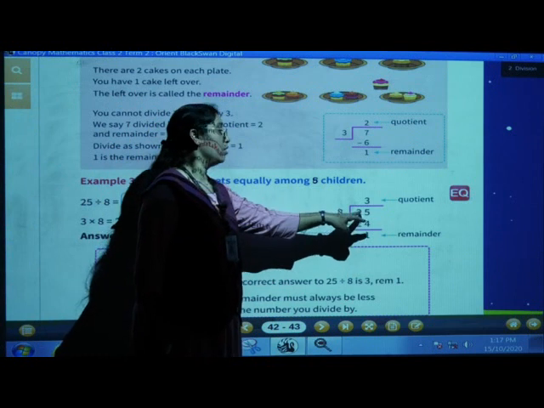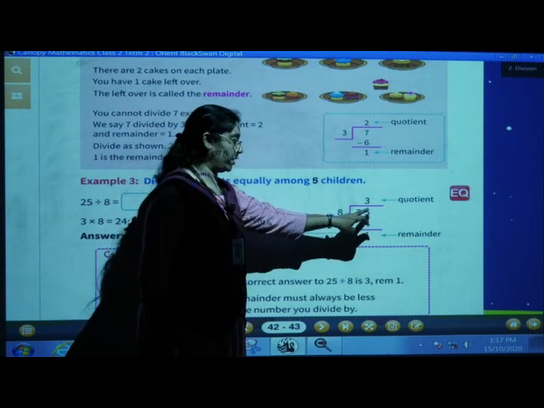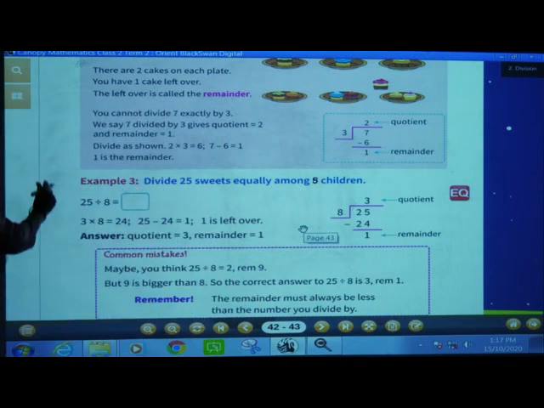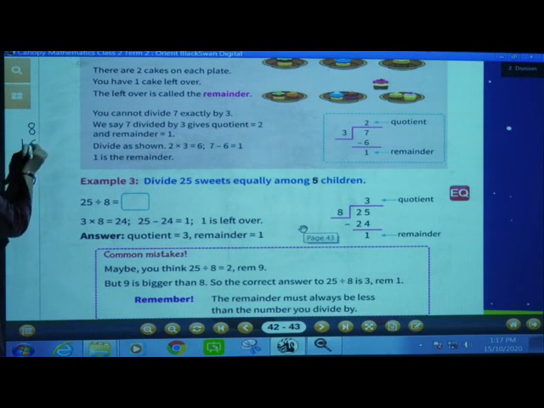We have to see smaller number than 25. See, I am writing here table of 8. 8 ones are 8. 8 twos are 16. 8 threes are 24. 8 fours are 32.